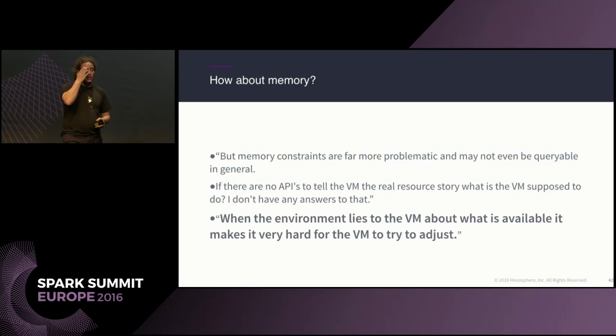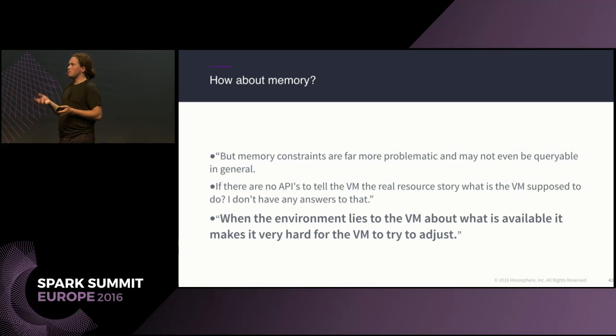How about memory? Memory is actually even harder, because memory constraints are far more problematic since there's no real nice way of querying how that should look. You should keep in mind this entire Java ecosystem was developed in a world without considering cgroups or pooled resources.